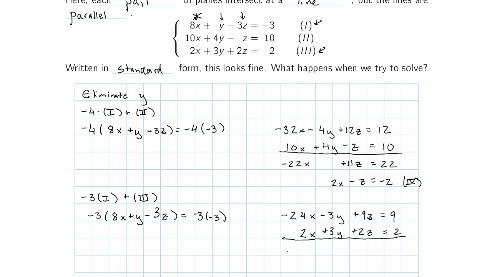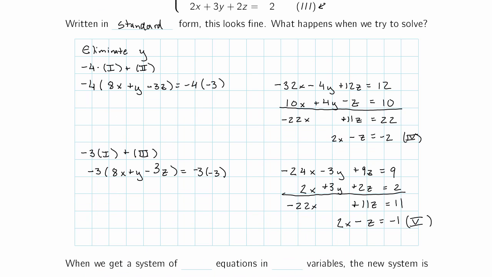Adding those together, I've got a negative 22x, and then I've got a 0 term, plus 11z equals 11. Again, I notice I have a common factor of 11, and I'm going to divide that out. I'm going to divide by negative 11 to make my leading term positive: 2x minus z equals negative 1. And that's equation 5. So notice what happens.